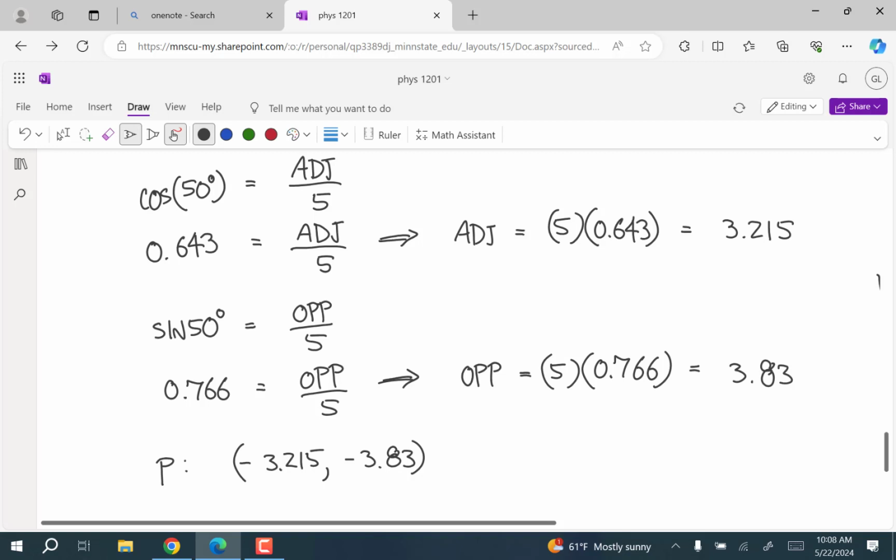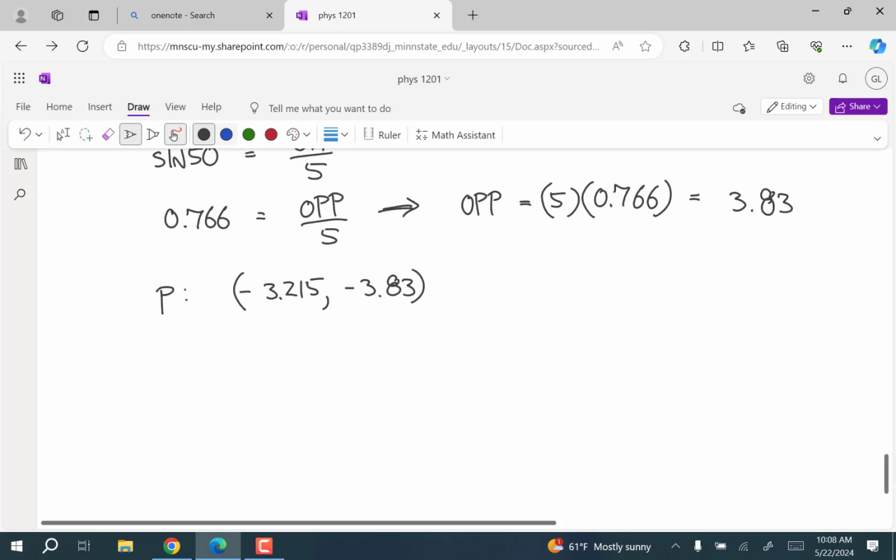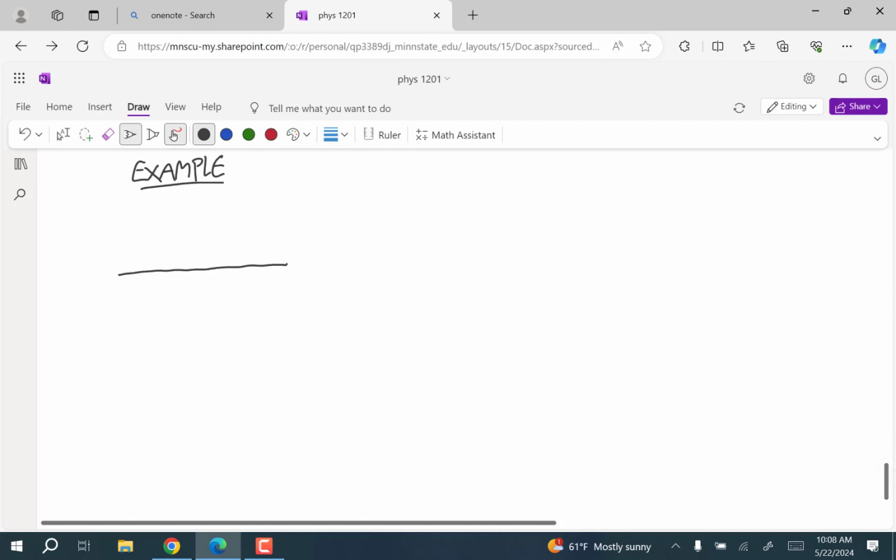Okay, well, let's keep going with this. Let's do an example where this is our coordinate system. And the point we want is here. So this is the point P. And we're given that this distance is, I want to do a different kind of example here.